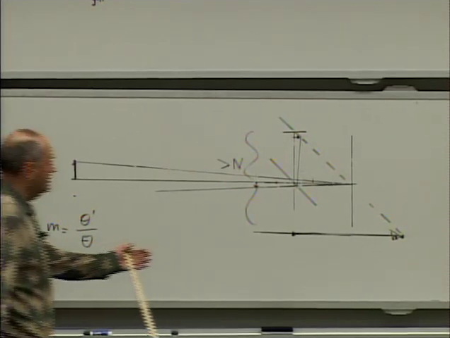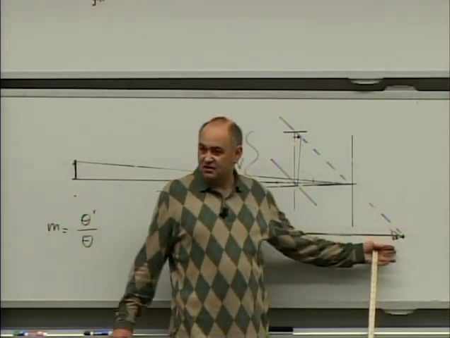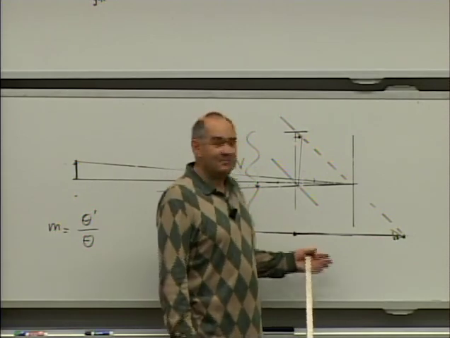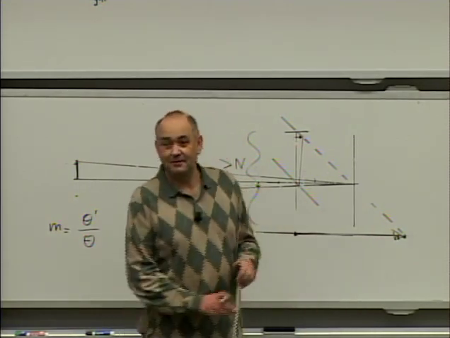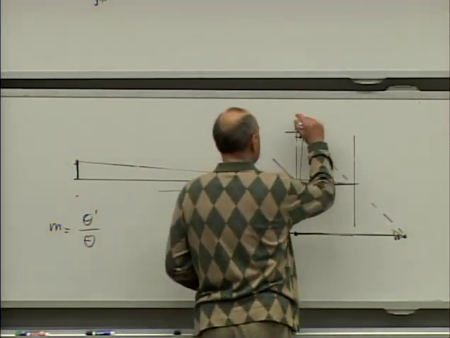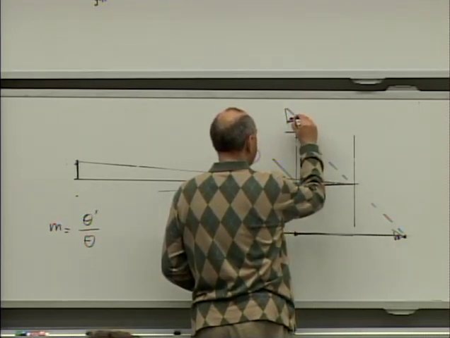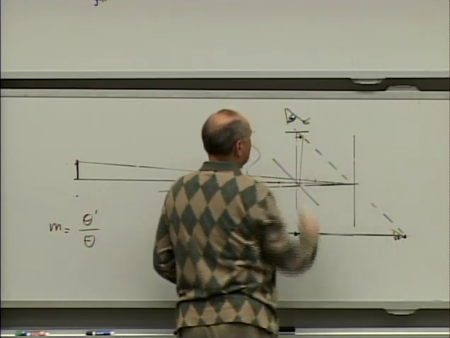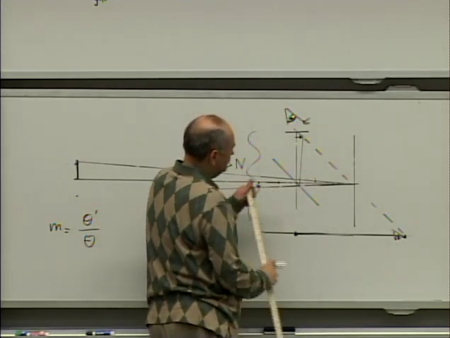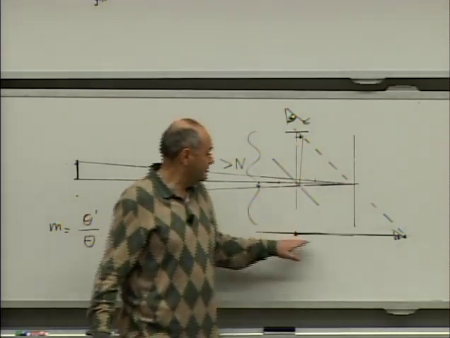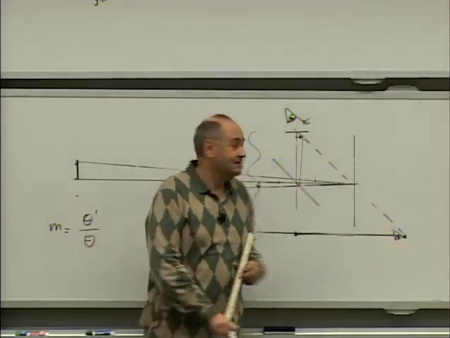Well, in what angle do we see the image? Where is the eye, by the way? On top. Yeah, over here we put the eye. So in what angle do we see the final image?